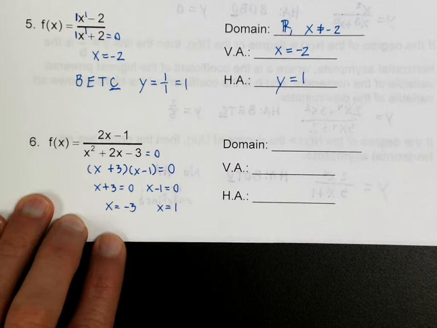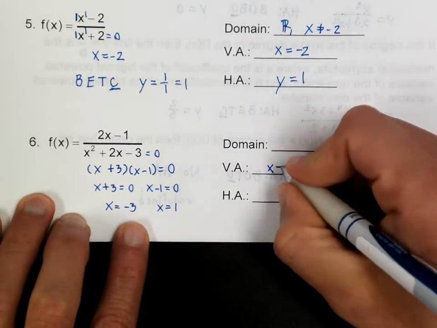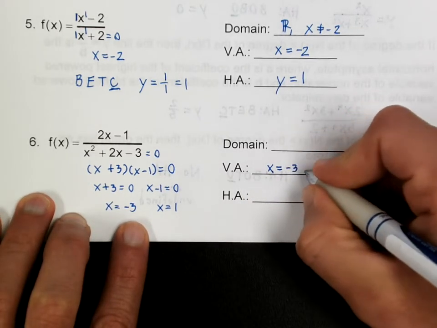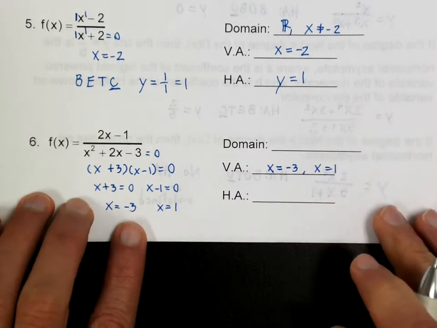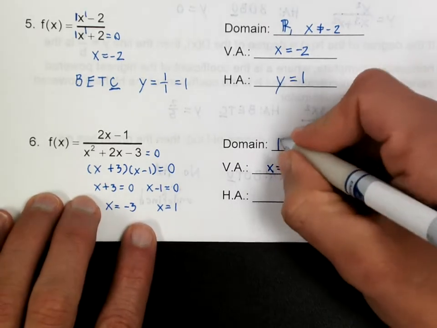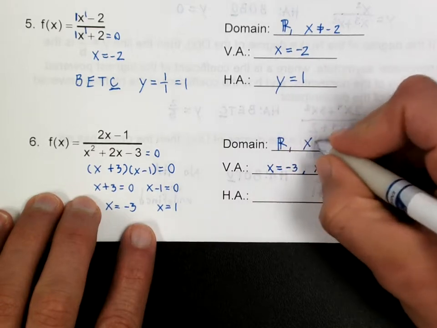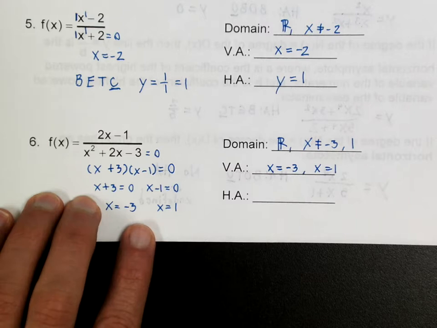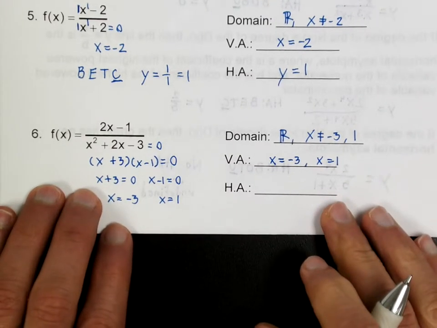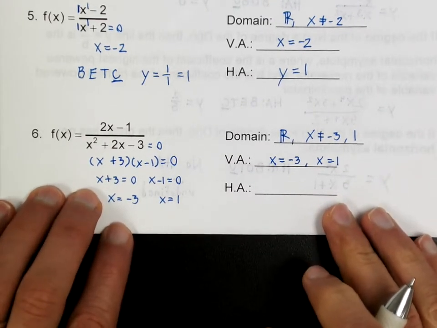Both of those are my vertical asymptotes. At those vertical lines, I will have a vertical asymptote. And that also tells me my domain: all real numbers except x cannot be equal to negative 3 or positive 1.